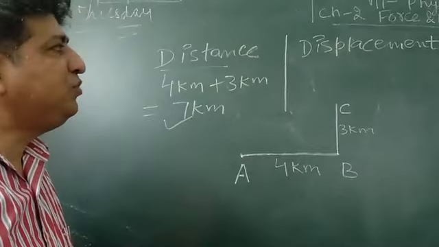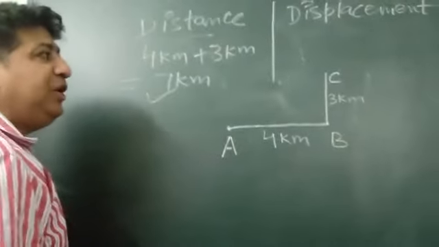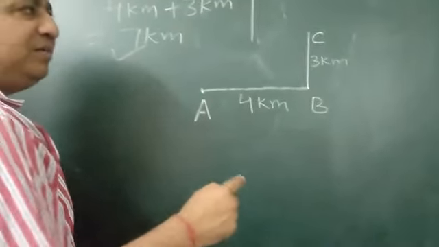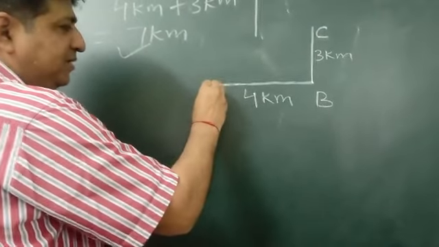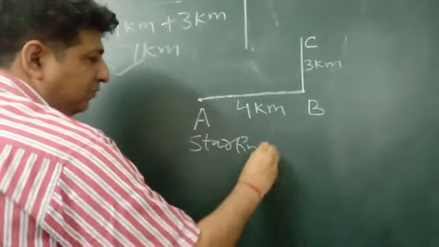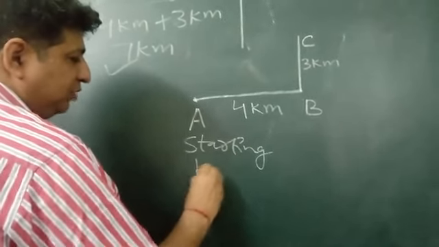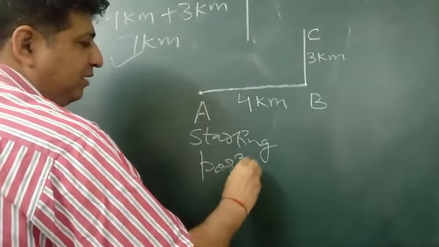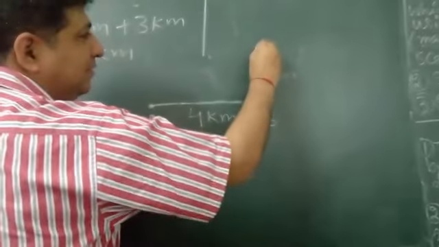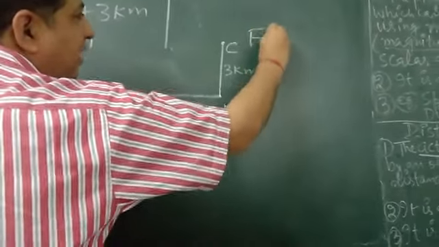However, when it comes to displacement, we need to see the starting position and we need to see the final position. What is the starting position? A. This is called initial position. Starting position is called initial position. And C, this is our final position.